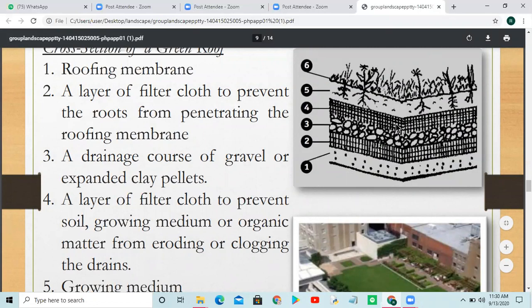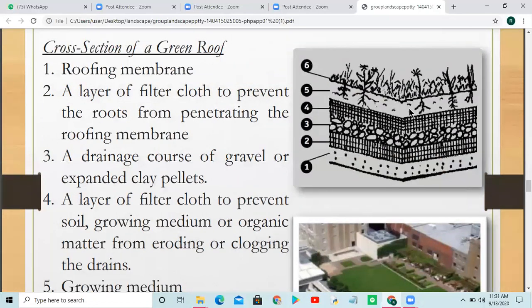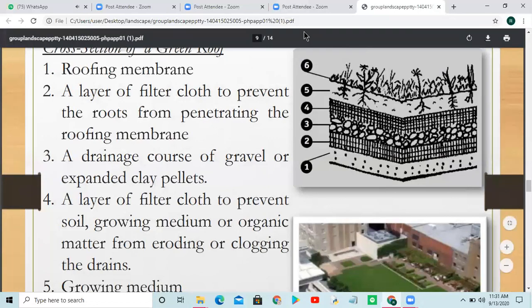Okay, then again a filter cloth. Sometimes these days there are plastic packets, some kind of absorbing materials. The whole system you should understand is that the roots and the water that you give to the plants should not penetrate and should not reach the structure of the roof, and should not cause other problems.